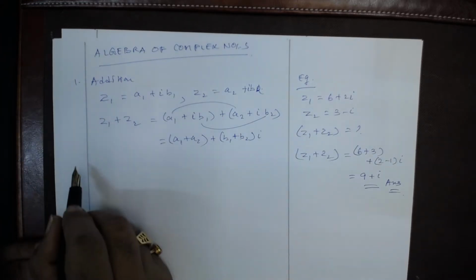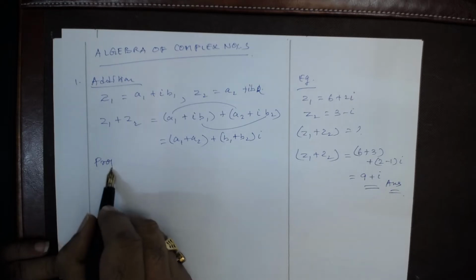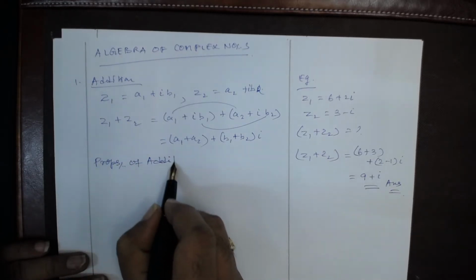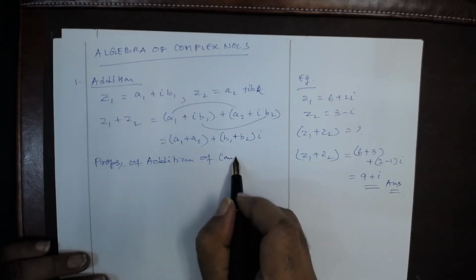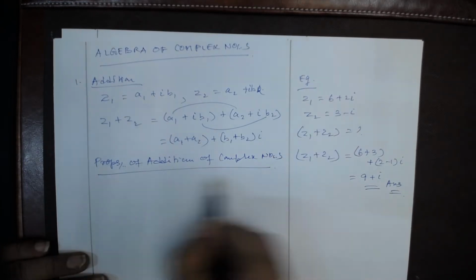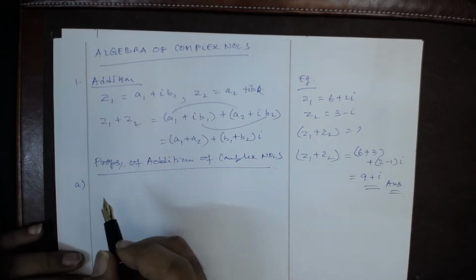Let us discuss some addition properties of complex numbers. A. Closure property.